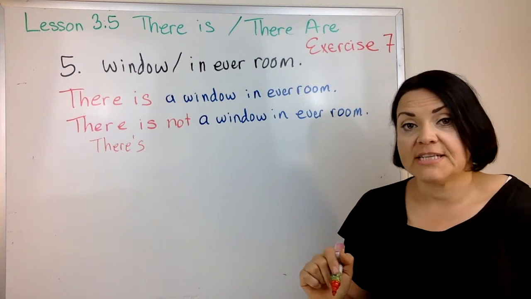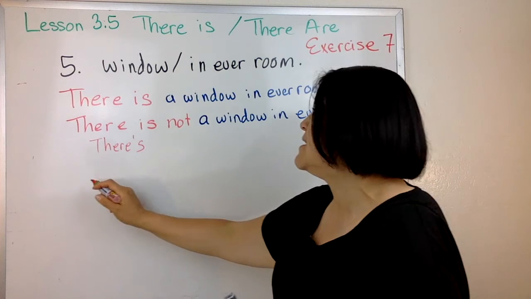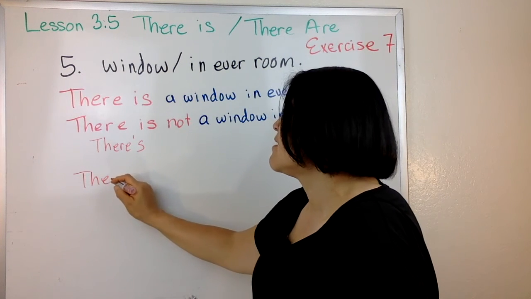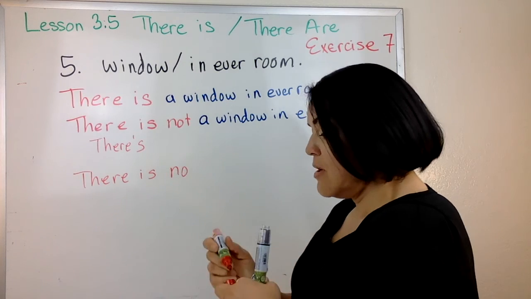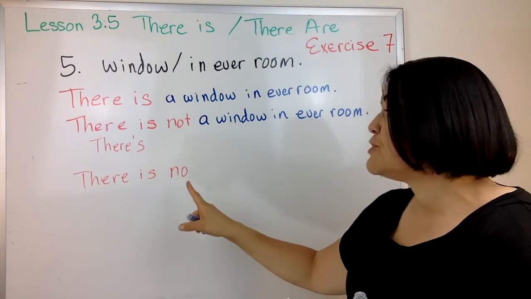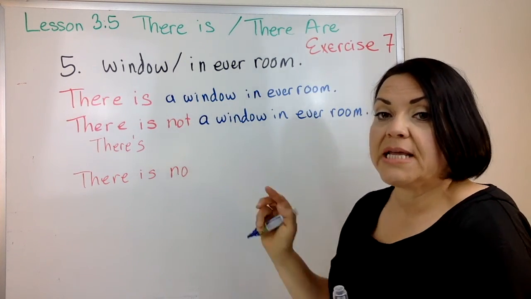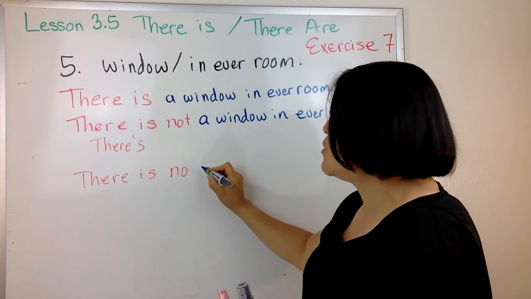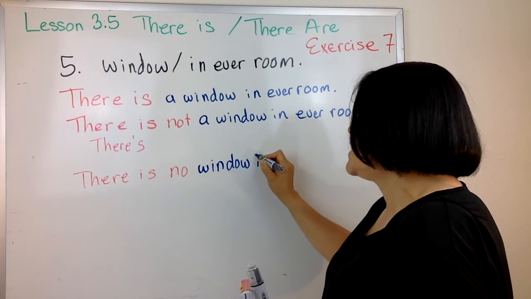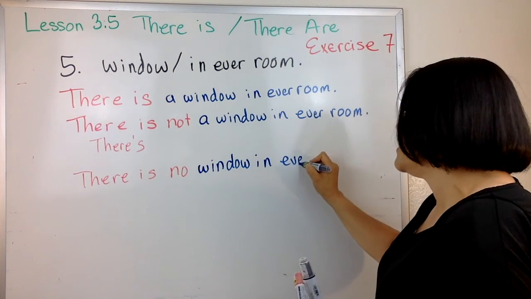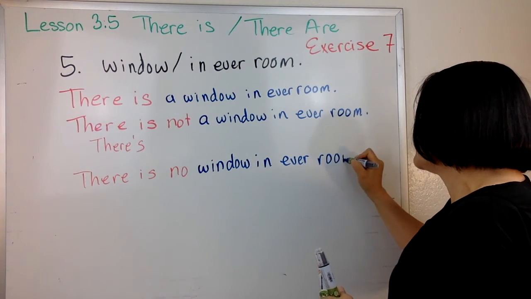The other negative that we're going to use that's singular is there is no. When we use no, we do not need an article. There is no window in every room.